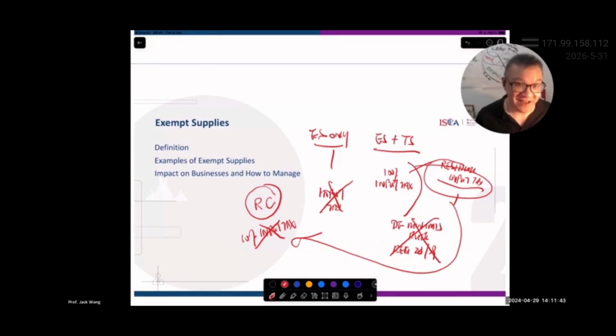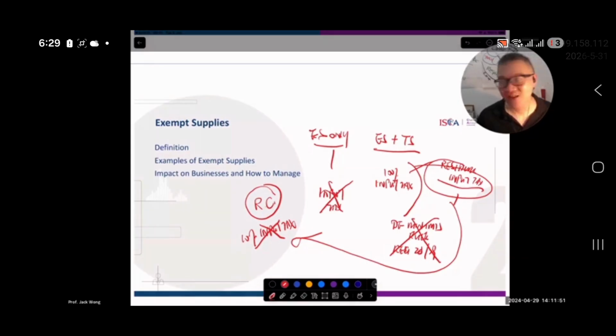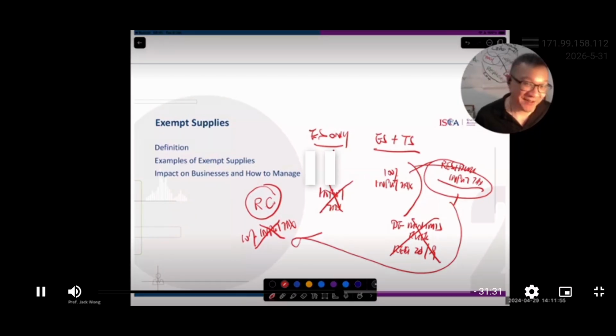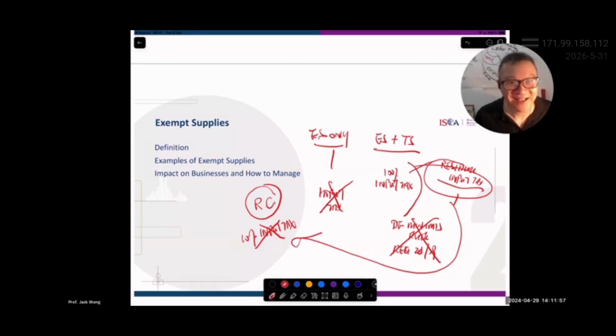So upon fact finding, I realized that the reason why the business is subject to reverse charge is because it is a bank. No wonder. So a bank in Singapore can never claim back input tax in full. This is the fact. All right. So I gained the understanding that exempt supply has such implications, which may lead to the determination of whether you are subject to reverse charge or not. So just keep that in mind.